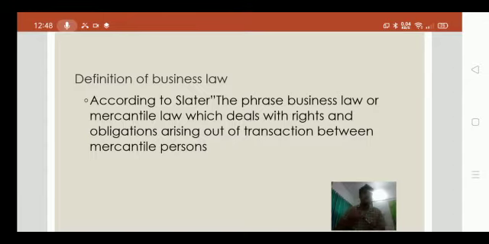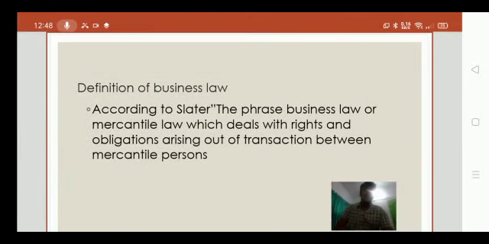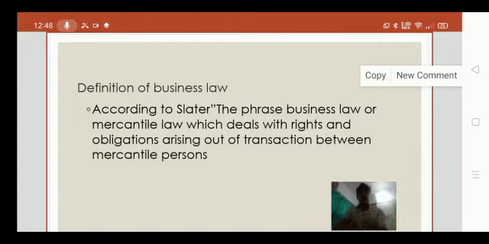What are the rights and what are the obligations which arise when there is a transaction between mercantile persons? That is termed business law. I hope you are clear.